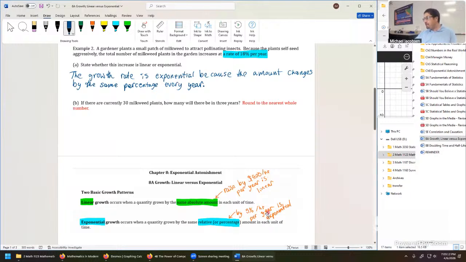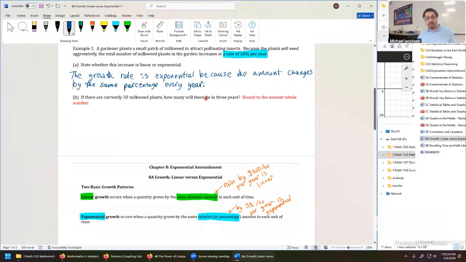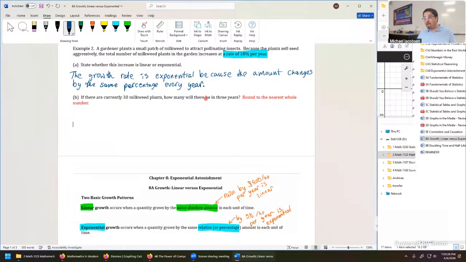But if you're getting a raise by 5% every single year, the actual amount you're getting a raise by is just going up and up and up every single year. So exponential growth definitely has a different kind of feel for what that's going to look like on paper on any kind of context, whether it's milkweeds growing or raises being given year after year.